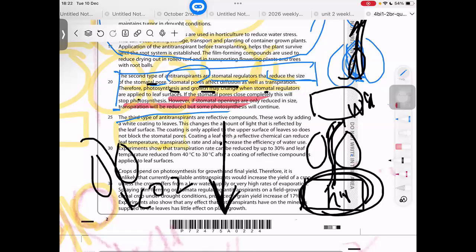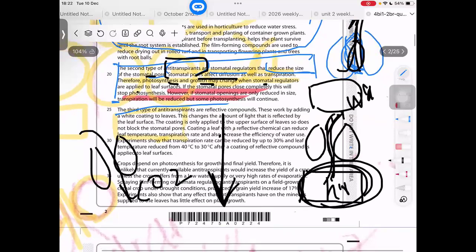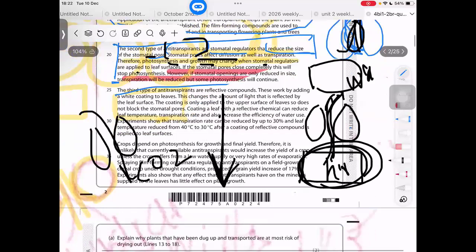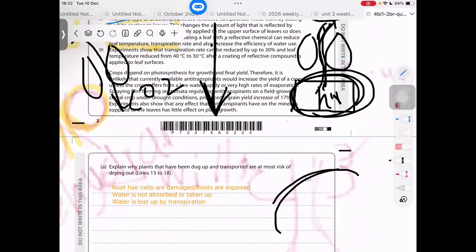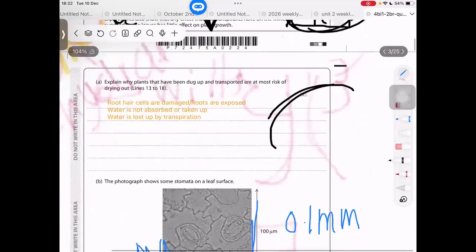Due to that reason, these antitranspirants have a negative effect on the growth of the plant, but they also have a good effect. Why? Because it will prevent the excess loss of water from the plant. So we need to make sure we administer only the required amount of antitranspirants to that particular plant, right?